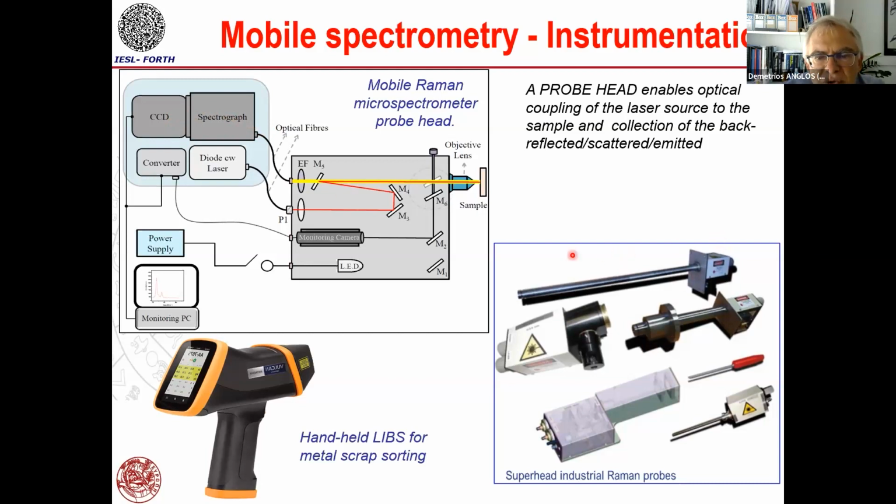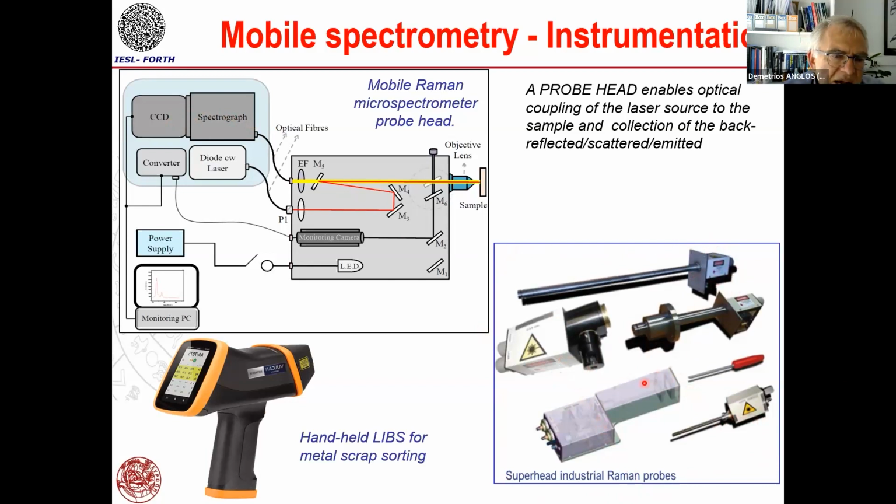There are different sorts of probe heads which can be adapted to various applications and can be adjusted to various instruments and various measurements, including industrial environments, online measurements for monitoring industrial processes and so on.